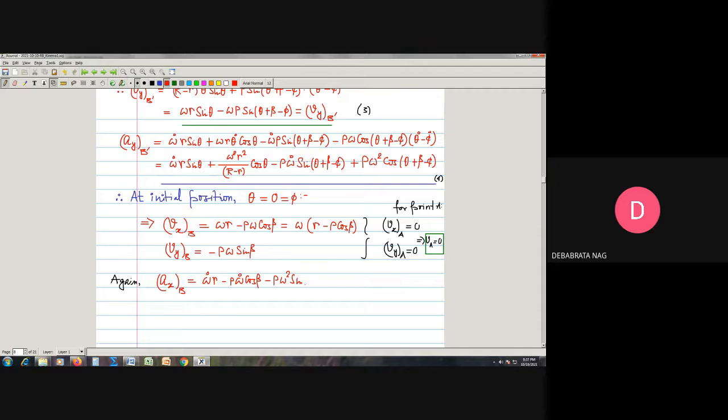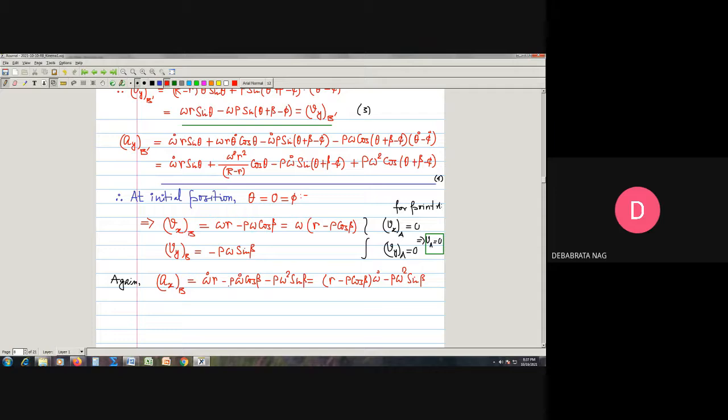So you see, the acceleration has two components. Taking omega dot common, we can write this is r minus rho cos beta, this into omega dot, and then we have minus rho omega square sine beta. Now people often make a mistake, they differentiate these expressions to find it out.